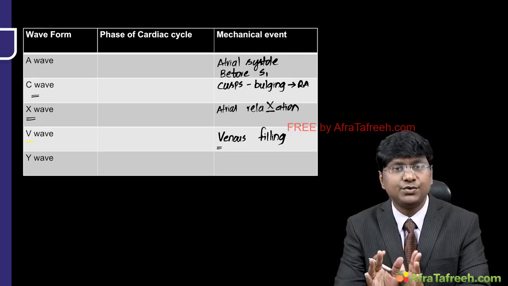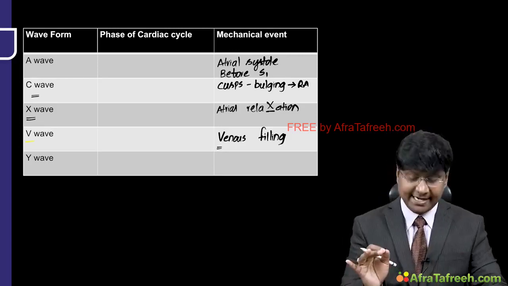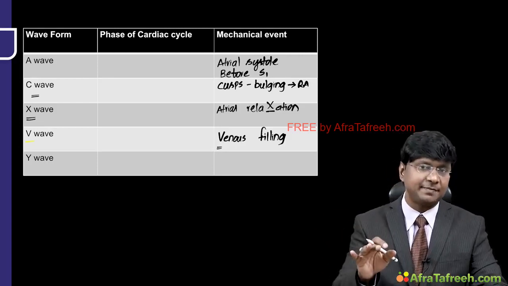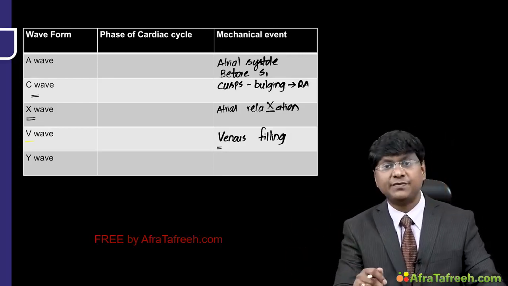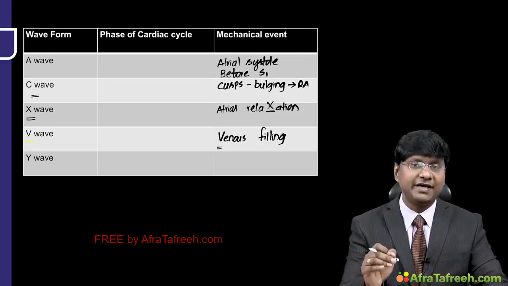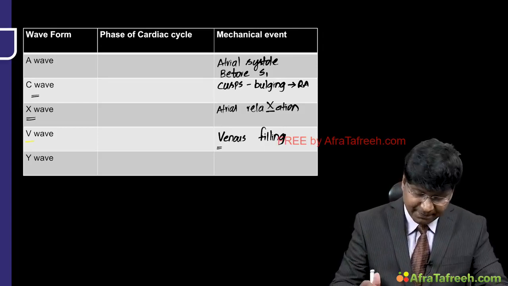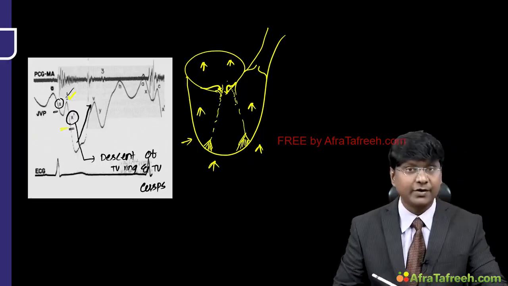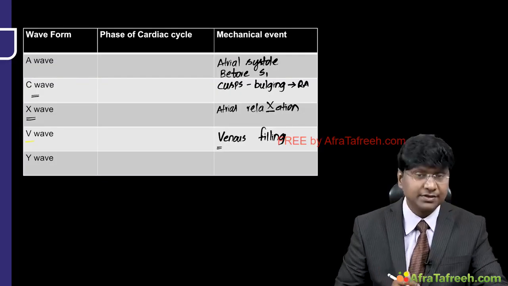So the V wave is seen due to rise in right atrial pressure because of venous filling. You have to remember that this V wave appears after the X wave.